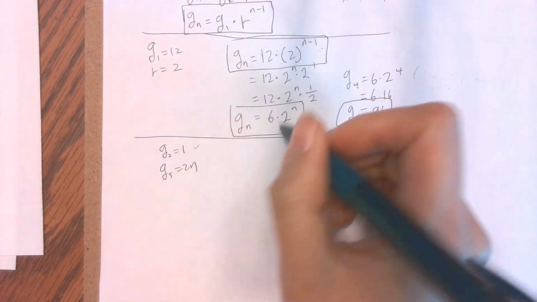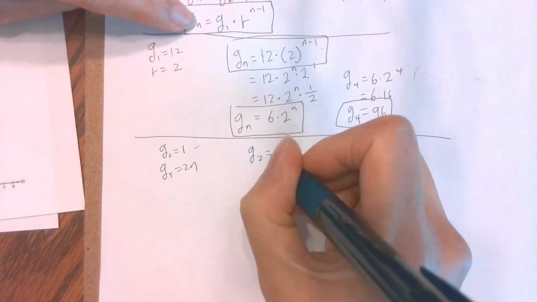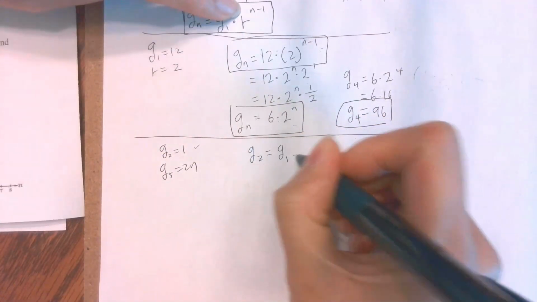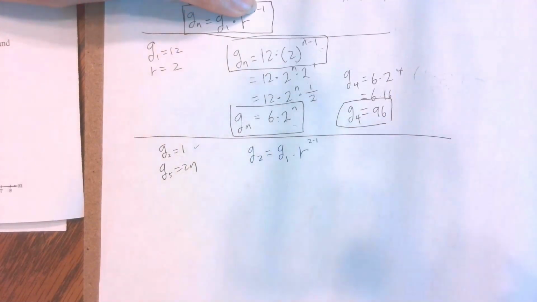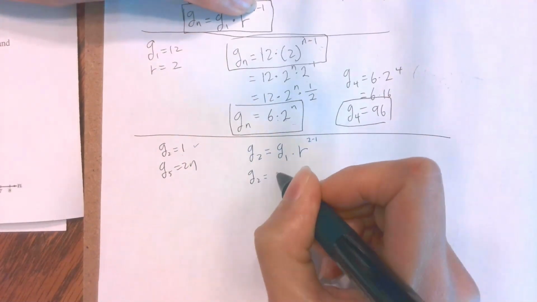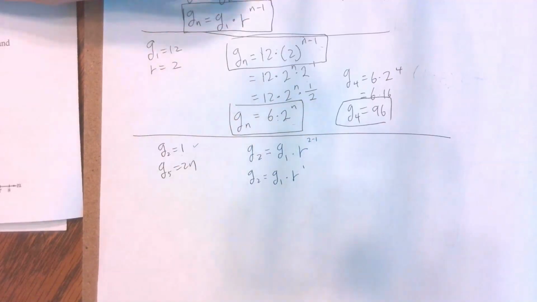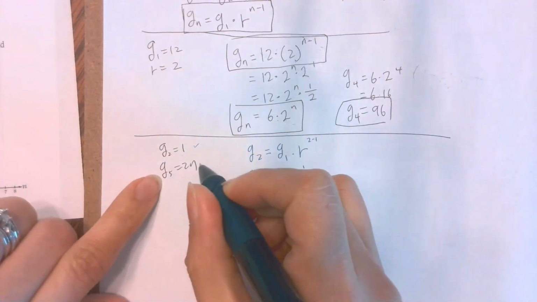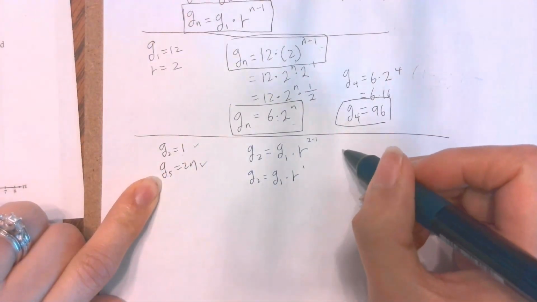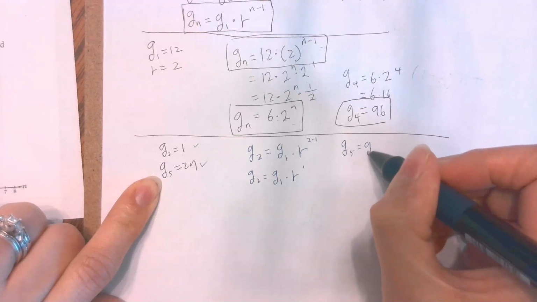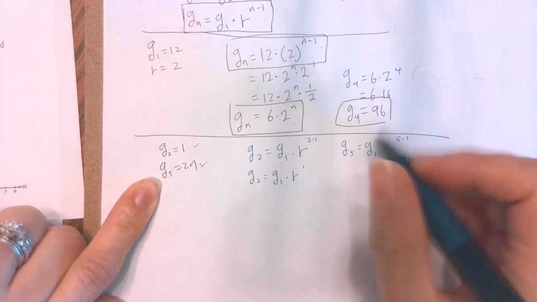So n is 2. So g sub 2 is equal to g sub 1 times r. I don't know what that is. And n is 2, 2 minus 1. I got g sub 2 is g sub 1 times r to the first power. All right, now let's use this one. N is 5, plug it in 5 and 5. Then I got g sub 5 is equal to g sub 1 times r, 5 minus 1.